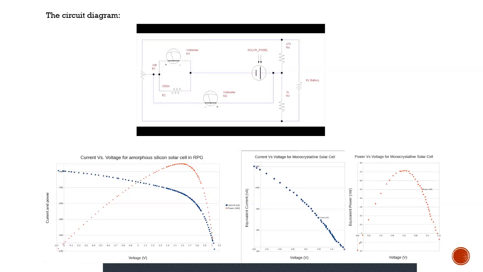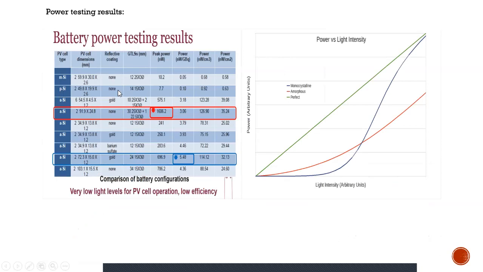And these are the battery power testing results. We can compare the battery configurations, and they show all the results. These are the details for different types of solar cells.